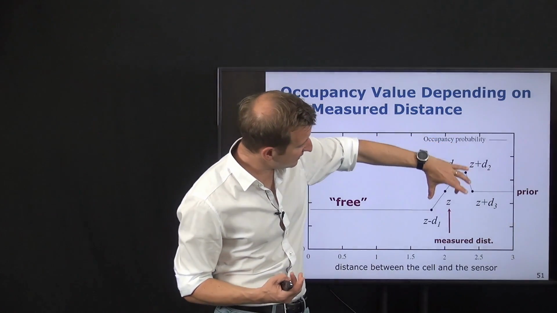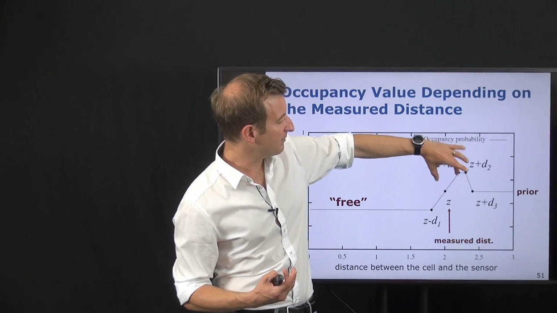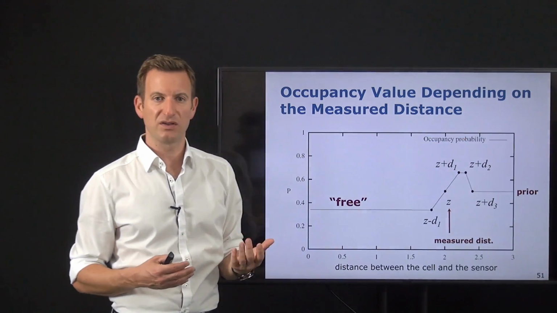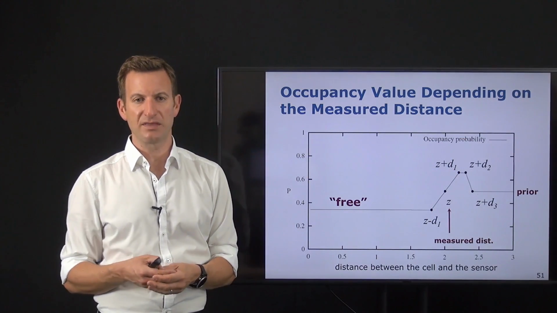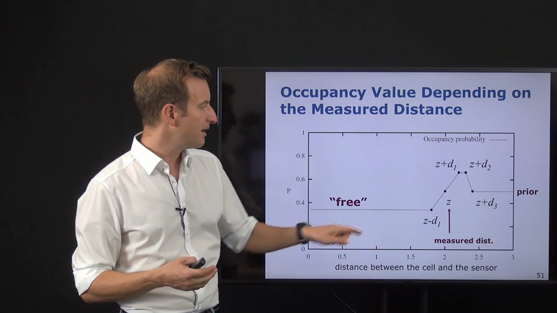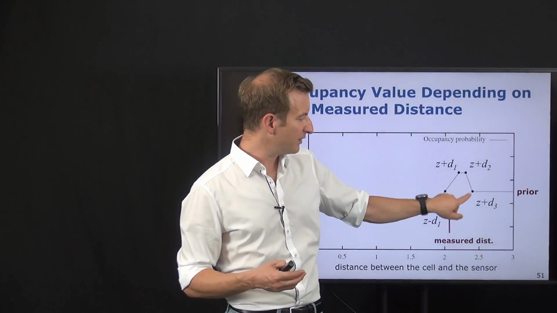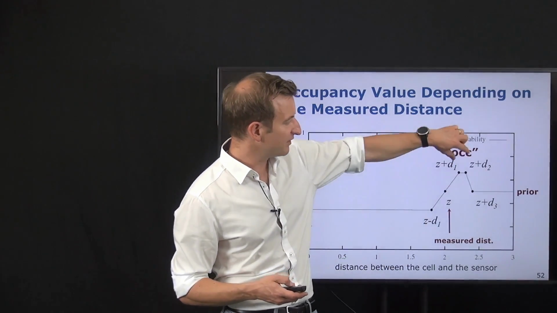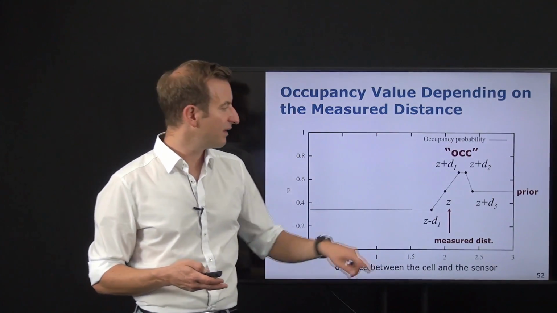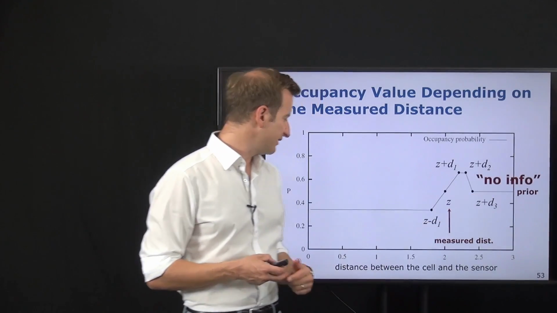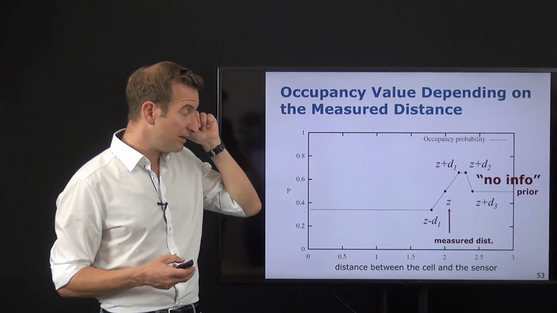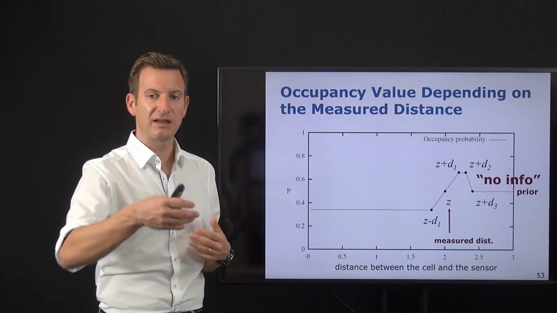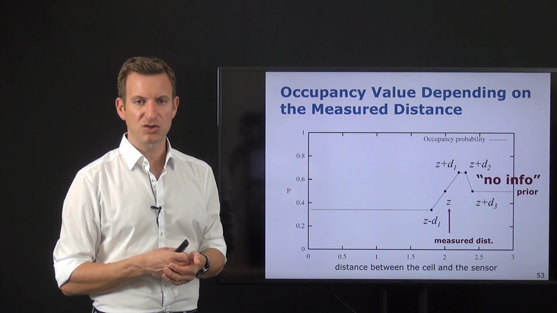So this area here represents basically the typical noise that my sensor has, which is, in this case, typically larger than the grid resolution that we are using. And then at some point it will drop down again. So this is the free space over here. This is again the occupied space, and down here there is again no information provided because I can't look behind an object.